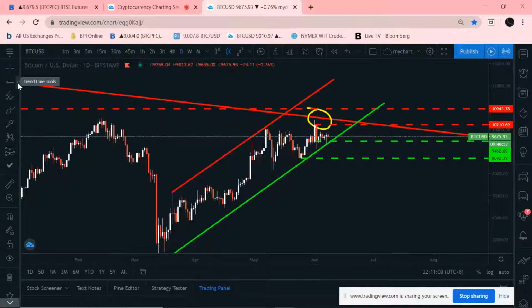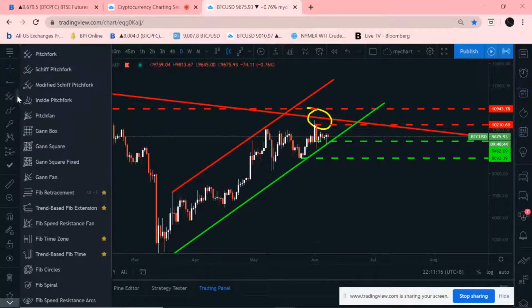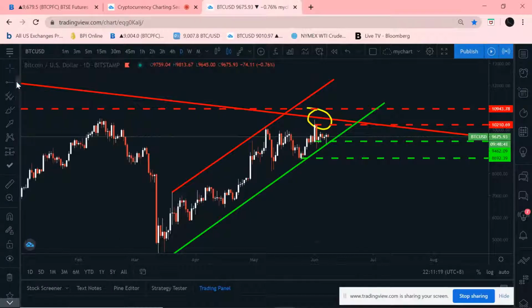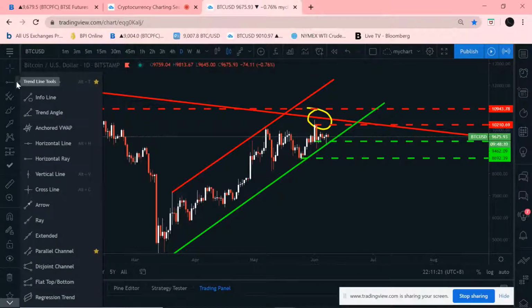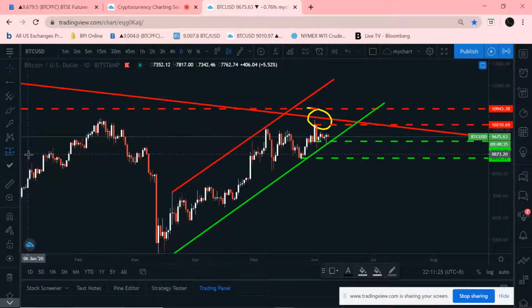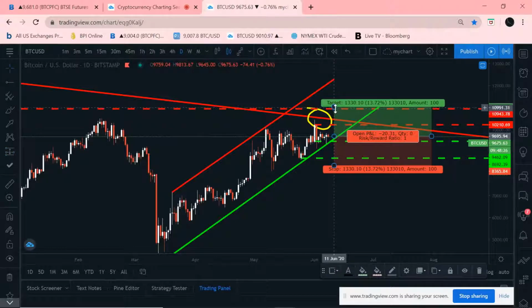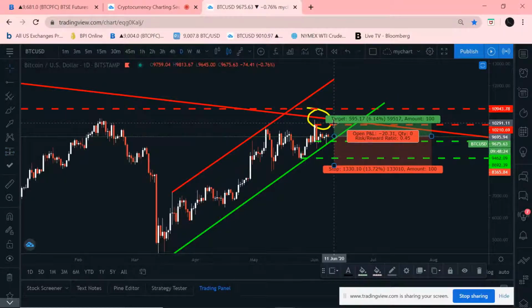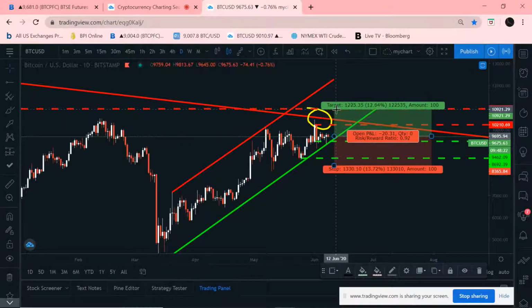At this level, I closed my position a while ago, but normally I'm long on BTC because for me it's easier to manage, but I also do short. At this level, I think I'm going long.